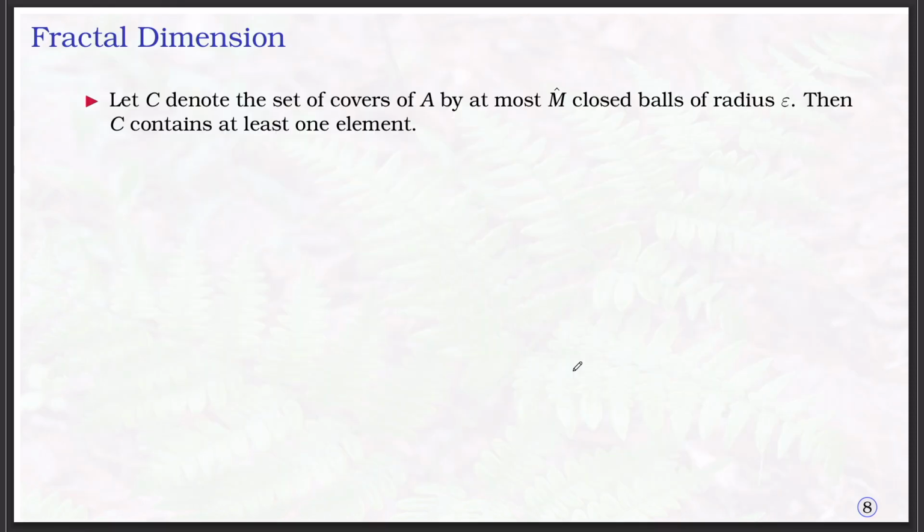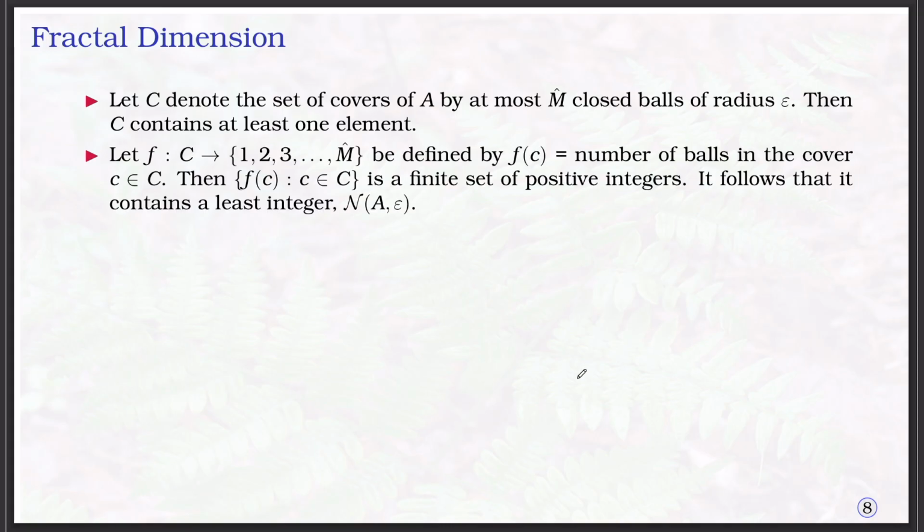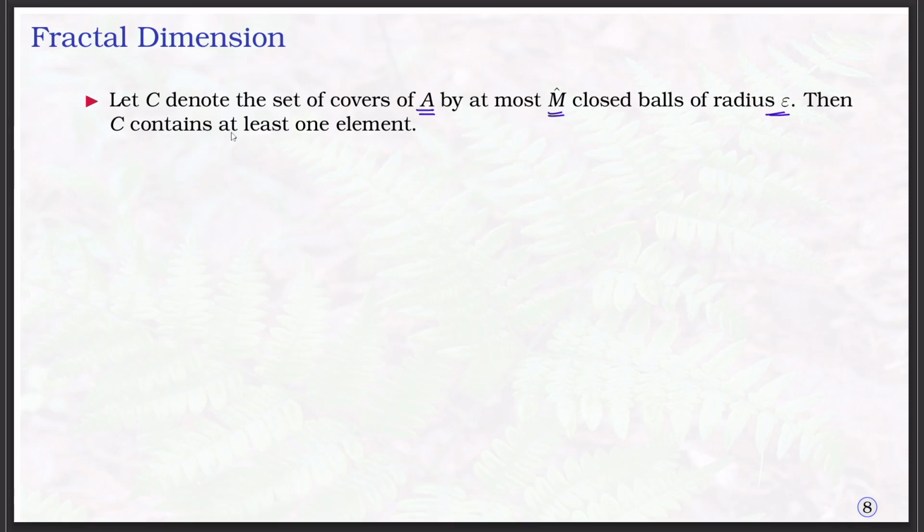Now, for defining the fractal dimension, let C denote the set of covers of A by at most m bar closed balls of radius epsilon. Then C contains at least one element. So, what is C? C denotes the set of covers of A by at most m bar closed balls of radius epsilon.